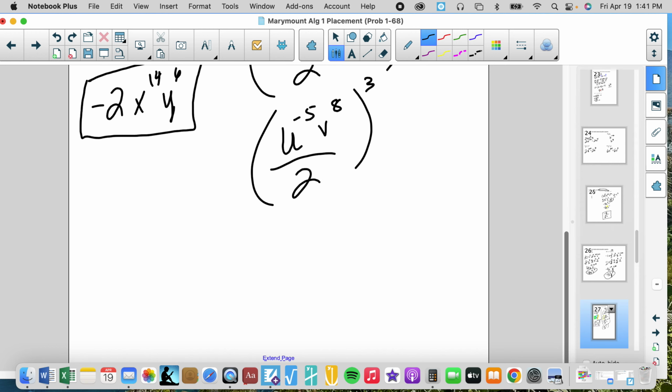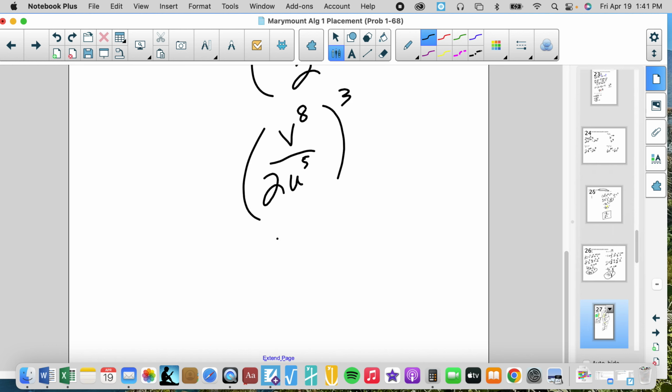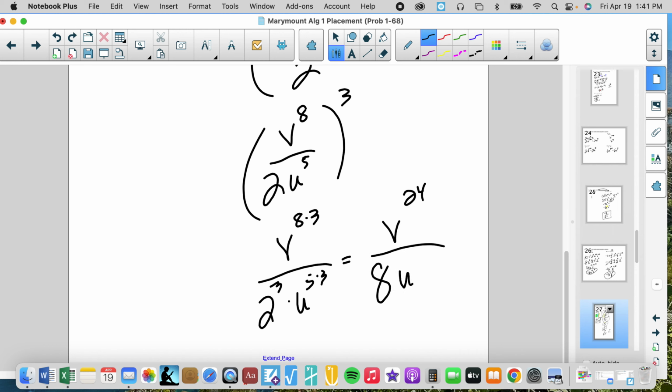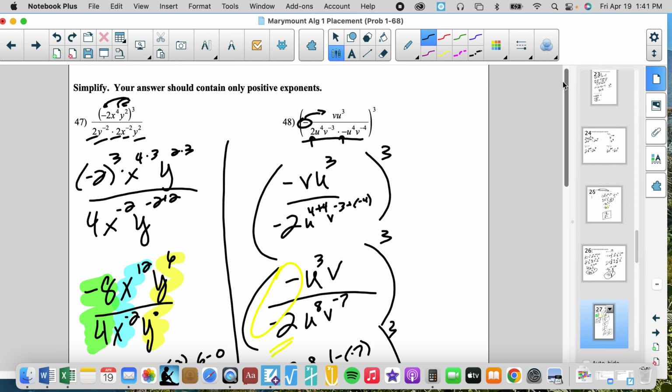I'm going to move that negative exponent. You don't have to, but v to the 8th over 2 u to the 5th, all cubed. Now I'm going to distribute. So you have v to the 8 times 3, 2 to the 3rd, u to the 5 times 3, which gives you v to the 24th over 8 u to the 15th. Oh, wouldn't that be nice if that is the answer?